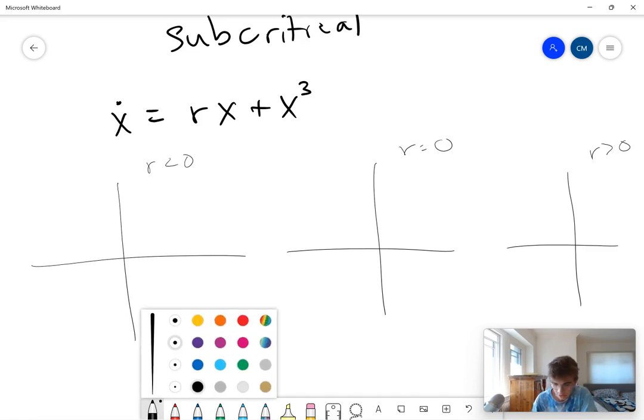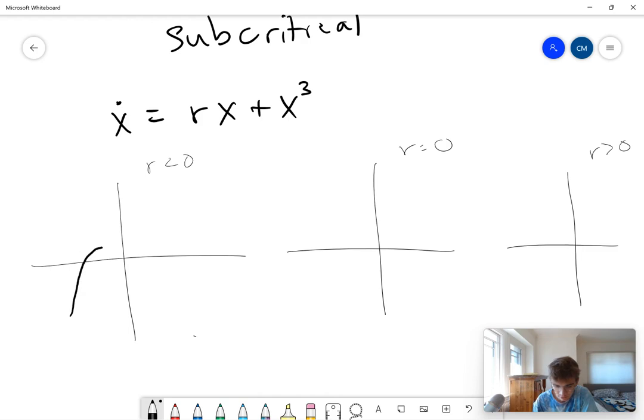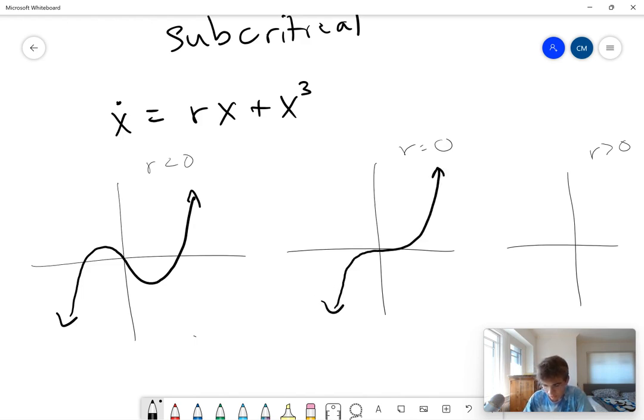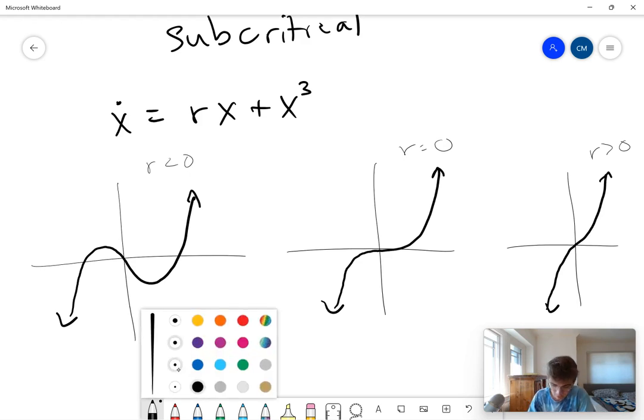Okay, so again, for r less than 0, the slope at our origin is going to be negative, and we have a positive cubic function. So we're going to have something that looks like this. For r equals 0, we're going to have something like this, and then for r greater than 0, the slope at our origin is going to become positive, and we're going to get a cubic function like that.